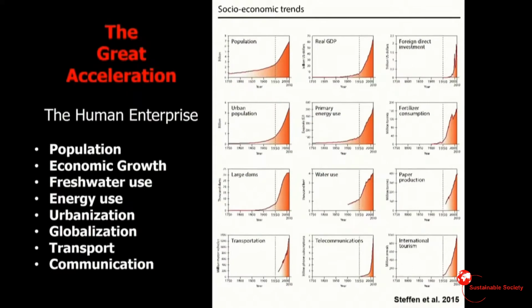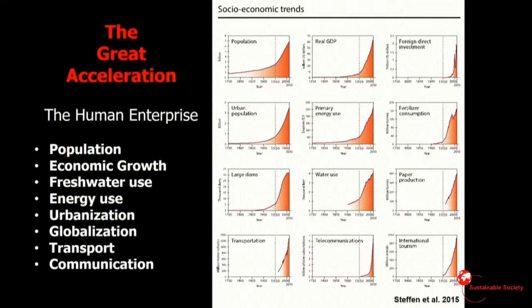So what we did then as part of the IGBP synthesis that I was coordinating was we took Paul's idea and said, well, let's go back and look at the last 250 years of human activity on the Earth, because Paul proposed that we left the Holocene about the time of the Industrial Revolution. That was the big switch in how humanity operated.